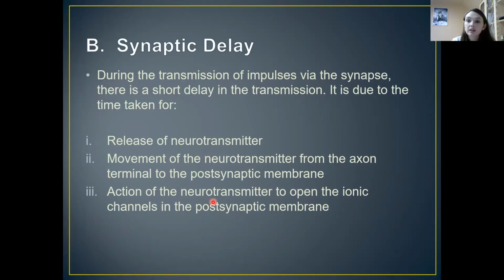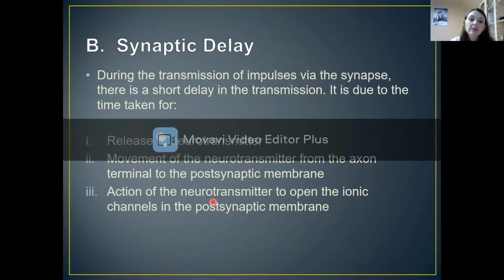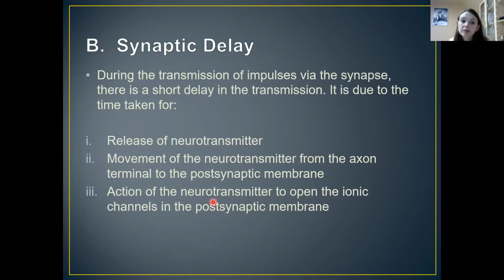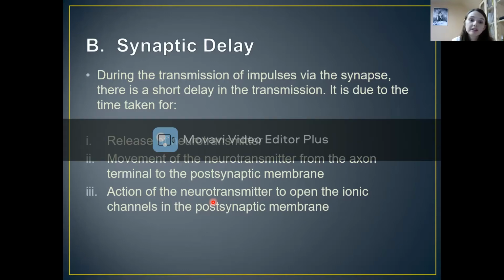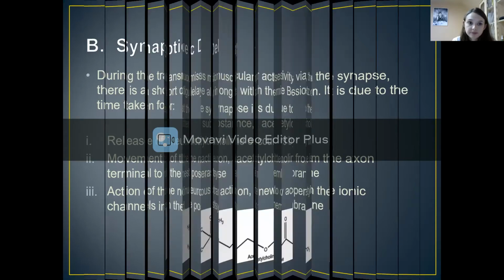Due to the release of the neurotransmitter. It takes time to release the neurotransmitter. Second, the movement of the neurotransmitter from the axon to the postsynaptic membrane through the synaptic cleft also takes time and leads to the synaptic delay. And the last one is the action of the neurotransmitter on the postsynaptic membrane, and as a result, the opening of the ionic channels in the postsynaptic membrane.